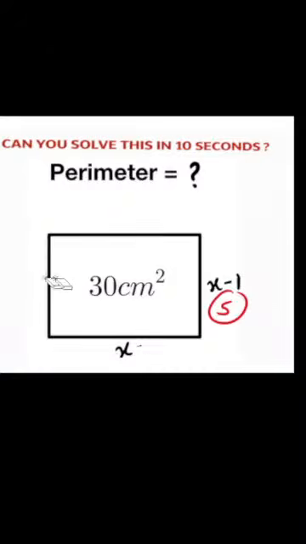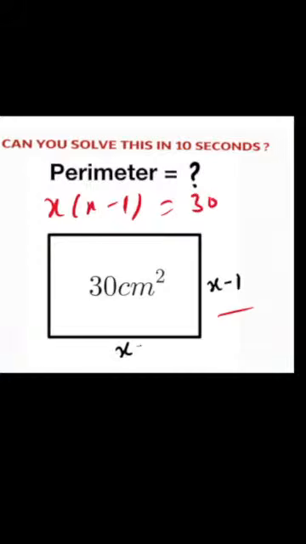Now, as it is given that the length is x and the width is x minus 1, we can write x times (x minus 1) is equal to 30, as Rohit, Rao and Chandu mentioned.